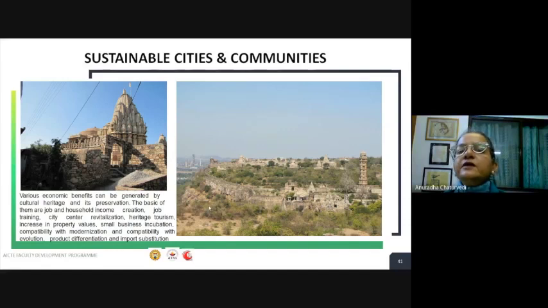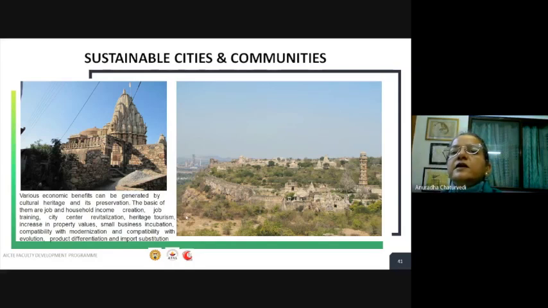So the main economic benefits which can be focused upon are job creation. Heritage resource conservation and management can help to augment household incomes. It can help to create jobs. It can help to generate training and improvement of skills.